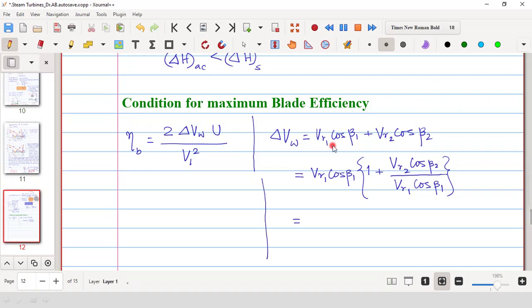We define the blade speed ratio, rho, as equal to the speed of the blade, u, divided by the speed of steam at the inlet, v1.